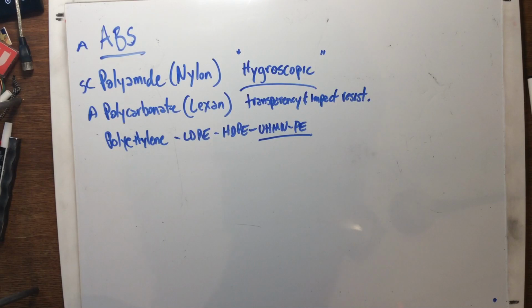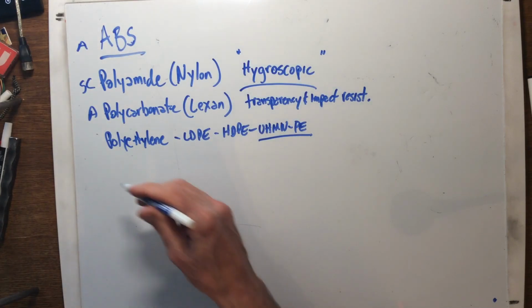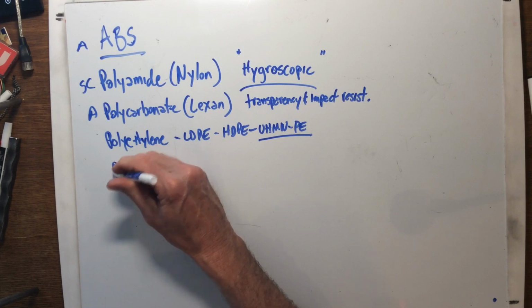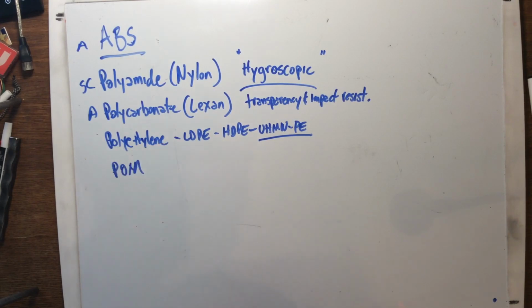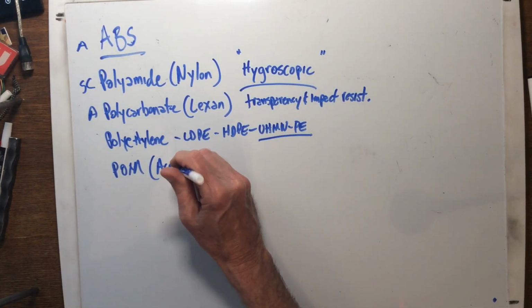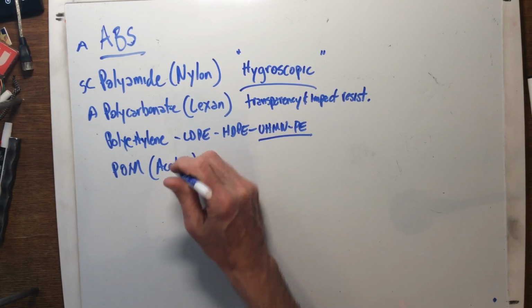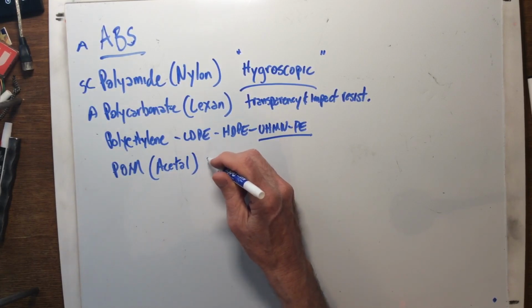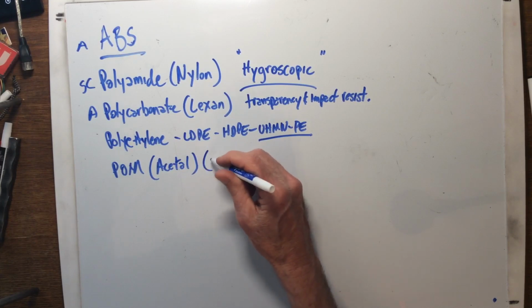Okay, the next one I'm going to talk about is probably the second choice as far as really quality engineering grade resins, and it's called POM for short, or polyoxymethylene, which usually people just call acetal, spelled A-C-E-T-A-L, and its trade name is Delrin.